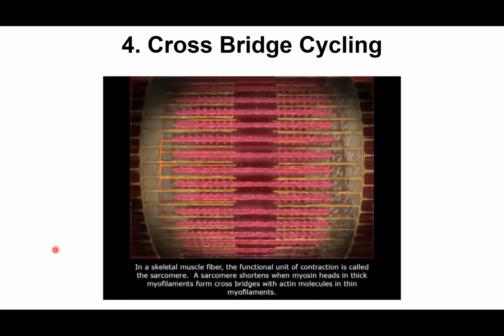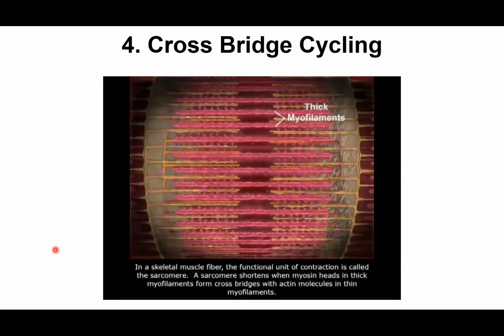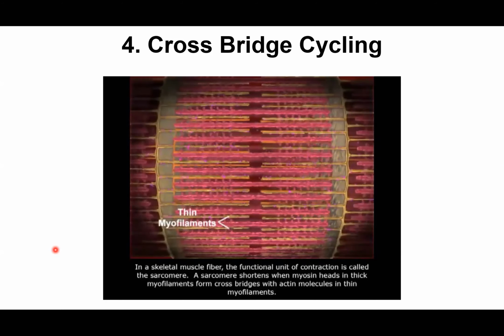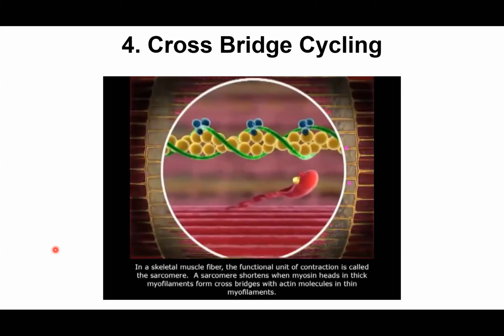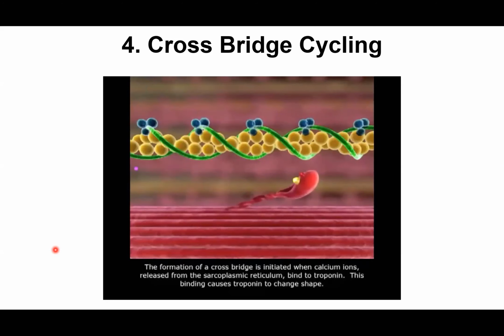A sarcomere shortens when myosin heads in thick myofilaments form cross bridges with actin molecules in thin myofilaments. The formation of a cross bridge is initiated when calcium ions, released from the sarcoplasmic reticulum, bind to troponin. This binding causes troponin to change shape.